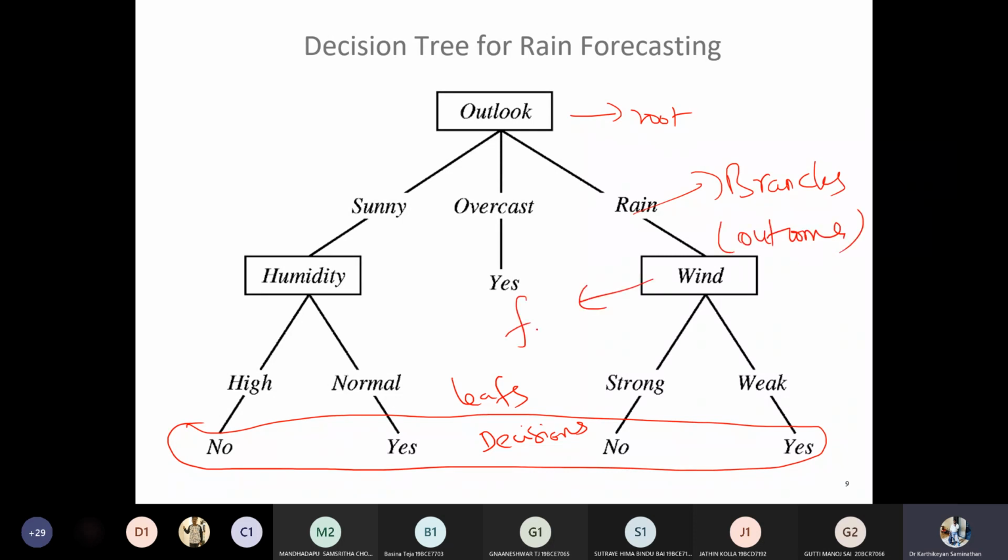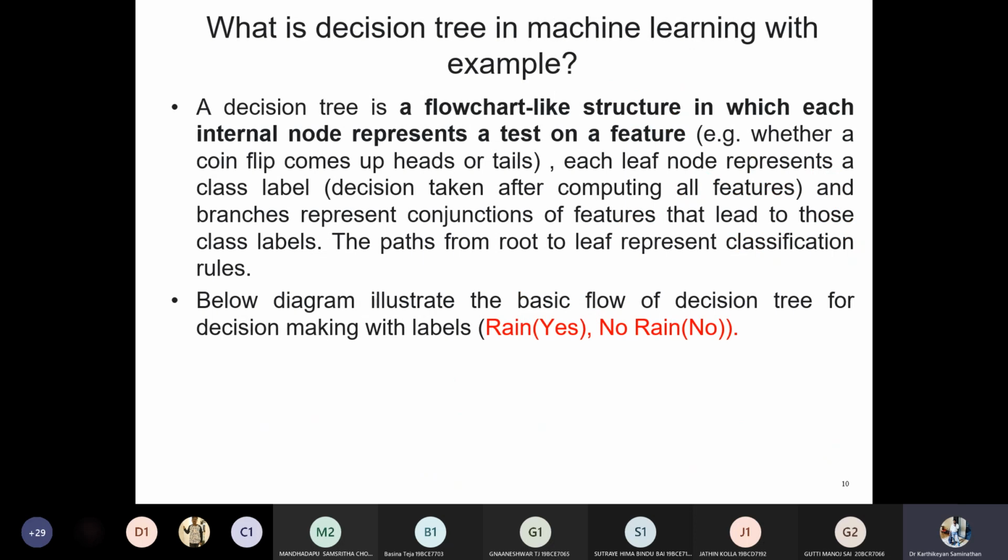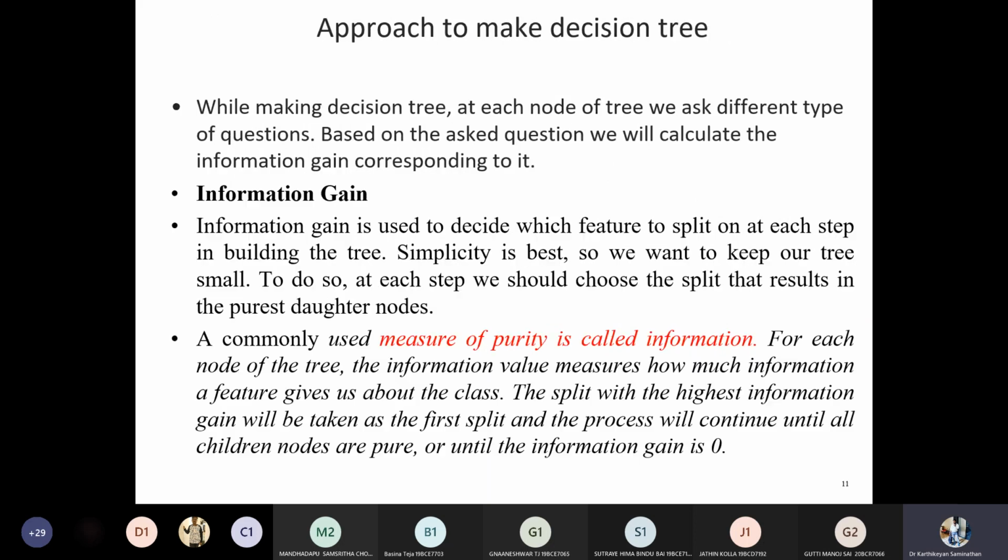These are features. This is how a decision tree is represented in terms of ML algorithms, with an example.